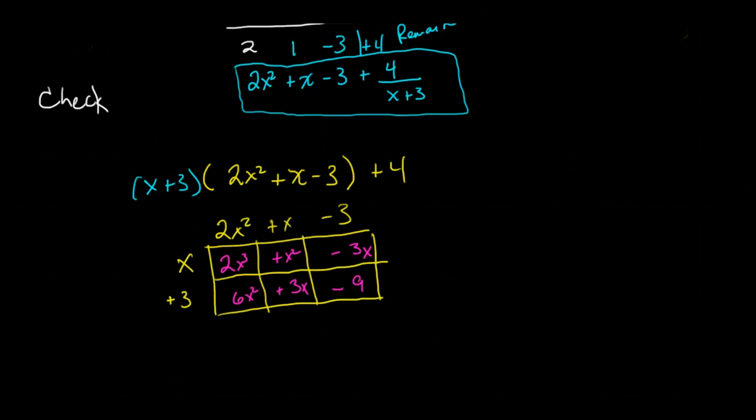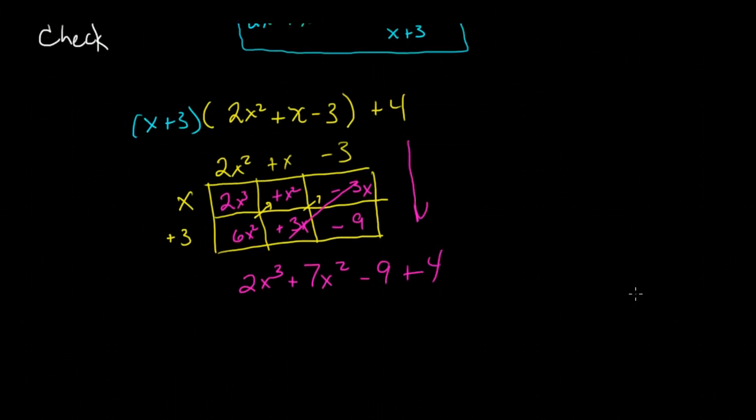Remembering that I have like terms at my diagonals, then I have 2x cubed plus 6 plus 1 gives me plus 7x squared, plus 3 minus 3 cancels out my x's, so those cancel. -9, and then don't forget the +4, that happy little 4 that's at the end.